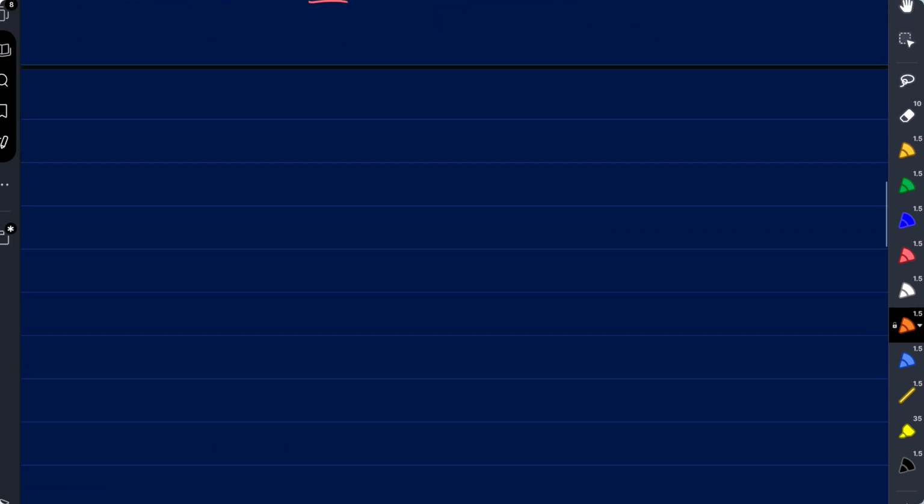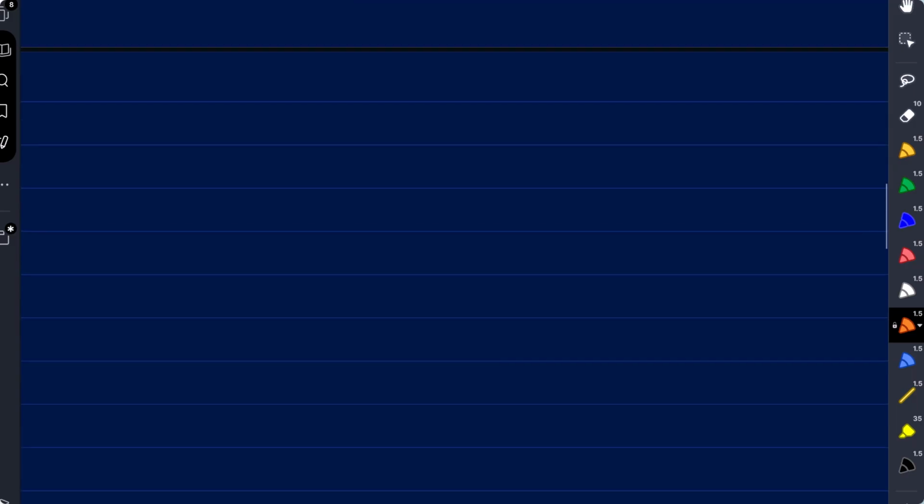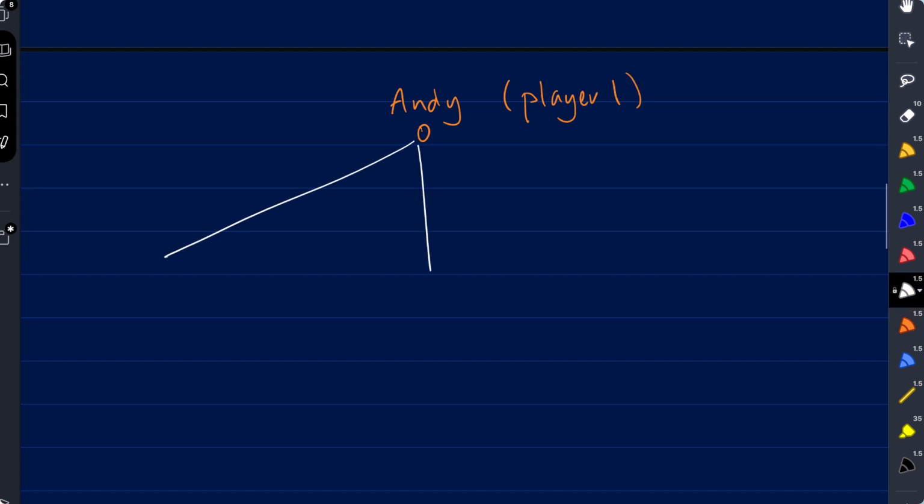Okay, so to represent the game with this sequential feature, we'll do this. Andy's three strategies will be represented by these three branches of this tree that we're going to create. So he can either go 2-0, where he keeps both, do the 1-1 split, or he can do the 0-2 split where Randy gets both.